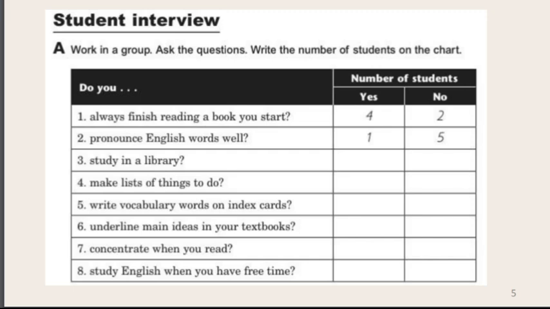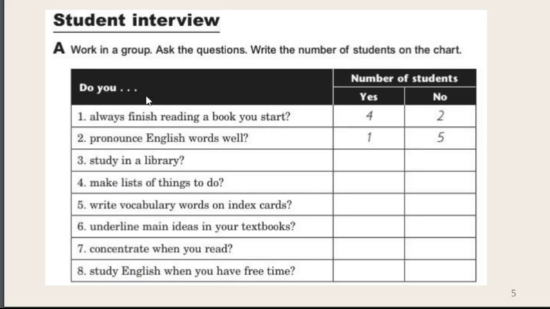In this activity, it's titled Student Interview, and that's what you'll do. You will ideally work in a group, ask the questions, write the number of students on the chart. The chart starts with "do you."